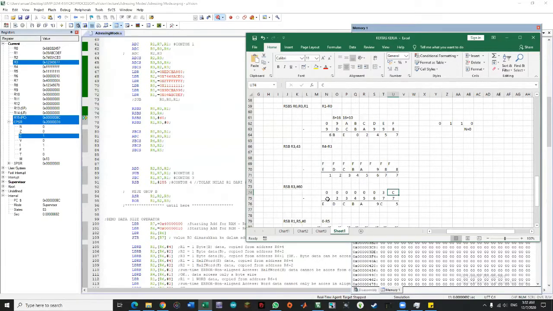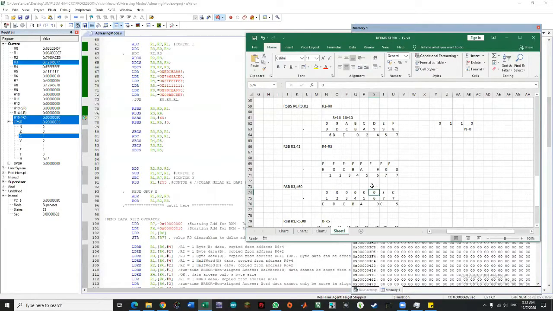So my R3 is 1, 2, 3, 4, 5, 6, 7, 7. So C minus 7, 12 minus 7, 5. 3 minus 7. Oh, it will borrow, giving a negative value. So it will be 16 plus 3, 19 minus 7, 12. It will be C. Okay.